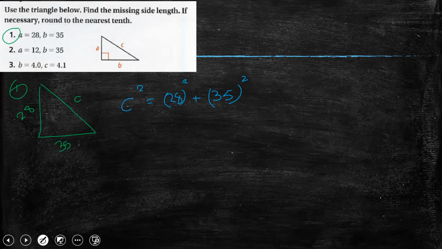Then after that, 28 squared is 784 and 35 squared is 1225. They are equal C squared. Then I will add them.